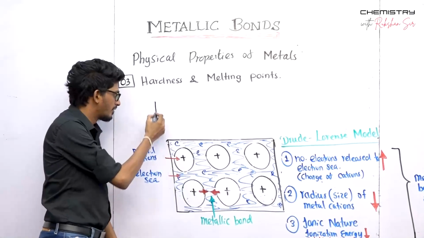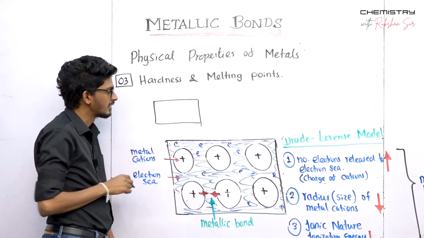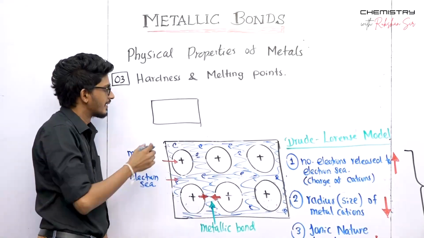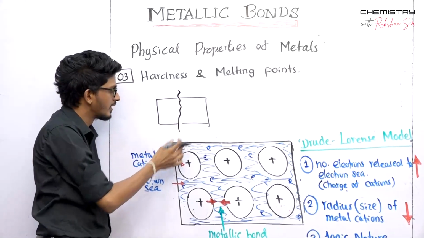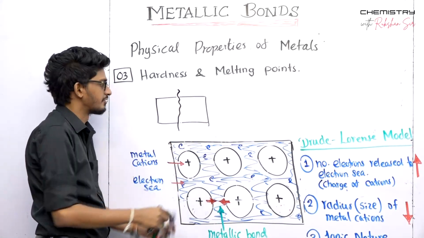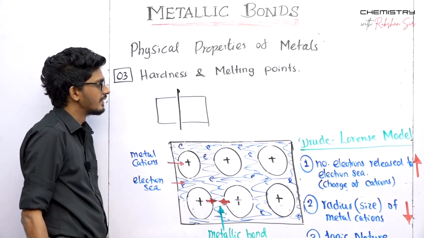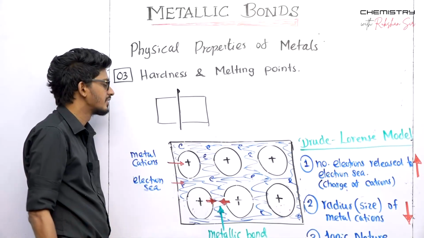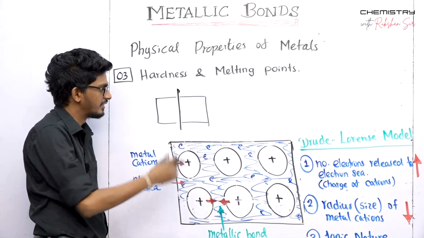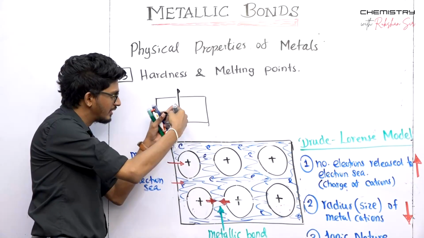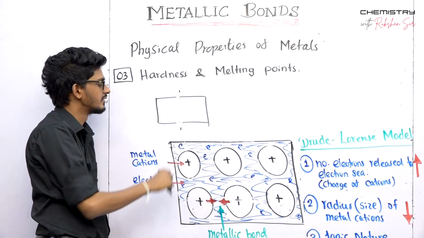So if you have a material like this, and it is very hard to cut the material into two, then we say such a material is a hard material.